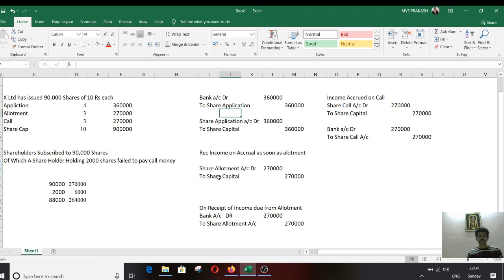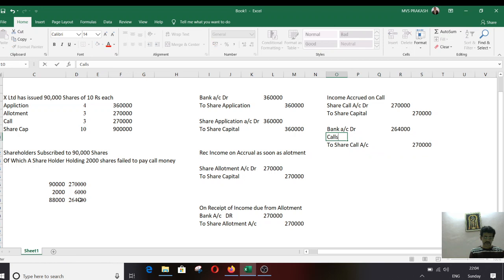What changes is the call entry, because you are supposed to receive 2,70,000, but I am not receiving 2,70,000. I had received only 2,64,000. The balance is something called calls in arrears, so the calls in arrears account will be debited with 6,000.